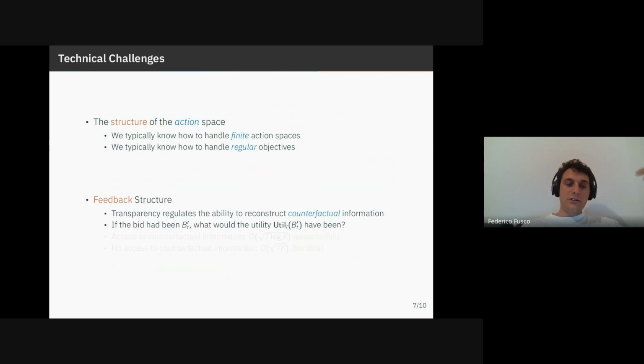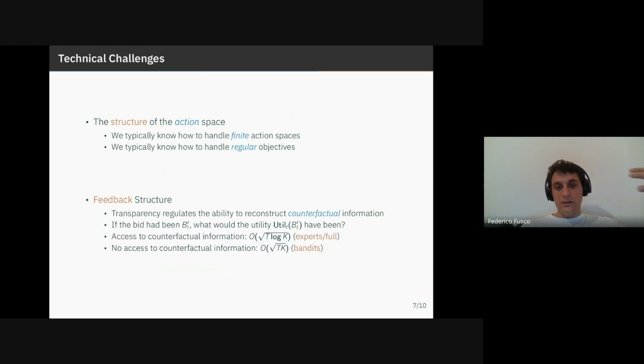The second challenge is posed by the feedback structure. Transparency regulates the ability of the learner to reconstruct counterfactual information. And counterfactual information is useful because with access to it, we can use the machinery for the prediction with expert framework, also called full feedback learning, where the regret rate scales only logarithmically with the number of actions.